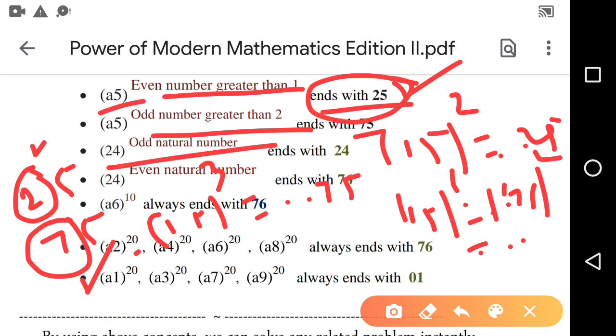And 24 raised to an odd natural number, like 24 cubed, ends with 24, and if it is raised to an even natural number, like 24 raised to 4, we know 24 squared is 76, and 76 raised to any power ends with 76. So 24 raised to any even natural number also ends with 76, and a number ending with 6, if it is raised to the 10th power, always ends with 76.